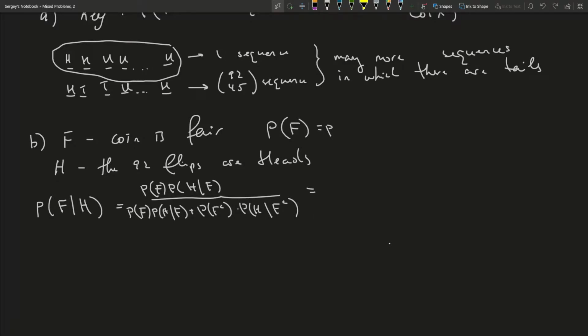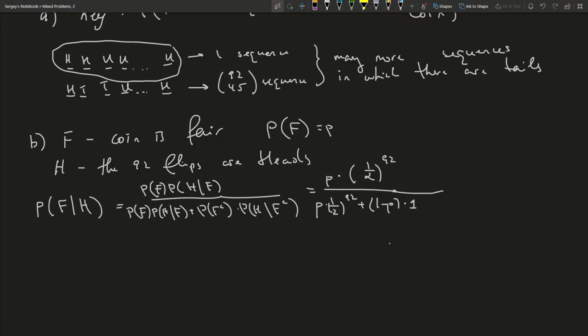So the prior probability that the coin was fair was little p, and if it's fair, then the probability of observing the sequence of all heads, as we said, is 1 over 2 to the 92nd power. So p times 1 over 2 to the 92nd power plus the probability that that coin is unfair is 1 minus p. And if it's unfair, if it's double-sided with heads, then we're definitely going to get 92 heads. So that probability is 1.